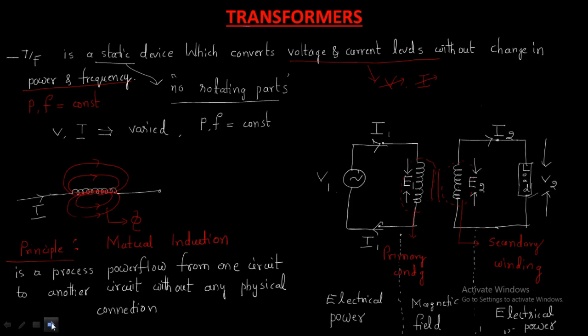And again we will write the equations for E1 and E2. If you observe clearly, E1, the primary induced EMF, can be written like this: E1 equals N1 d phi by dt. What is N1 here?